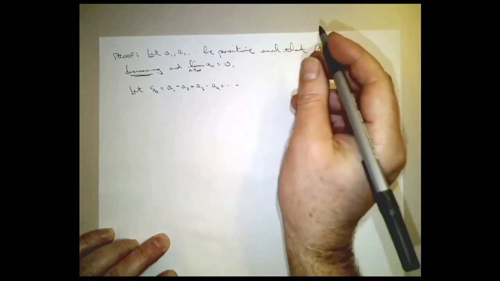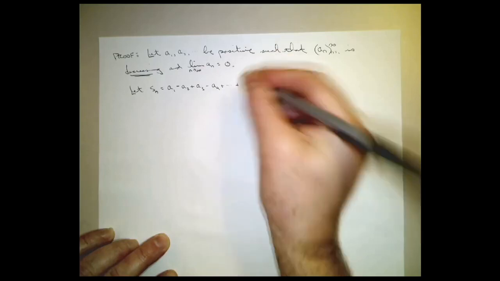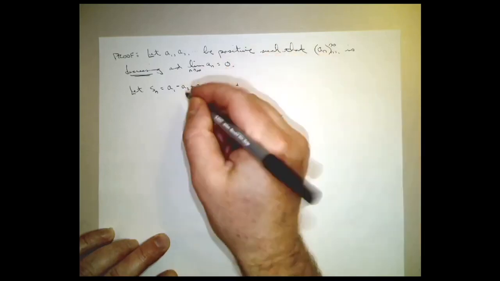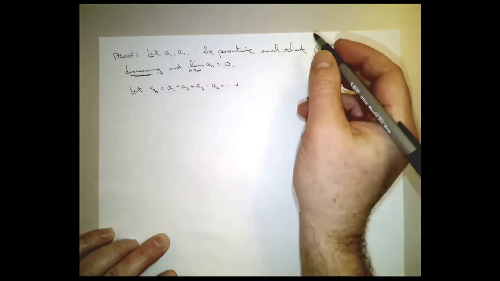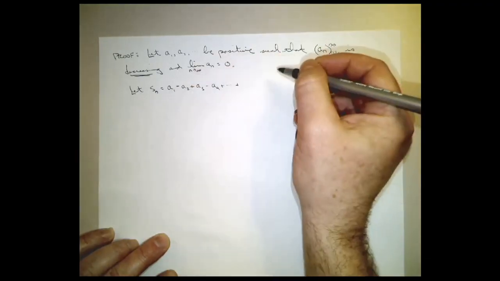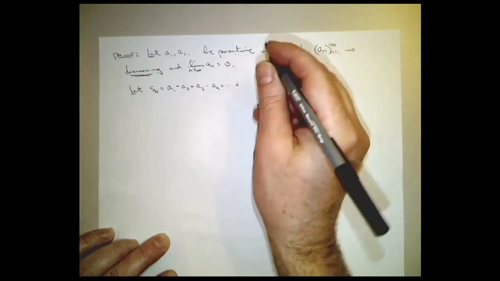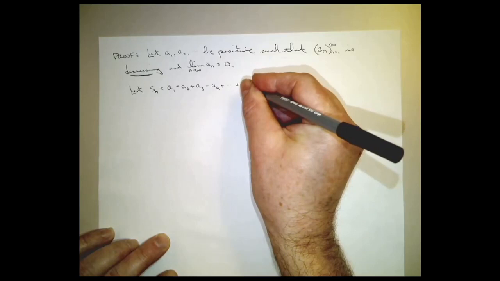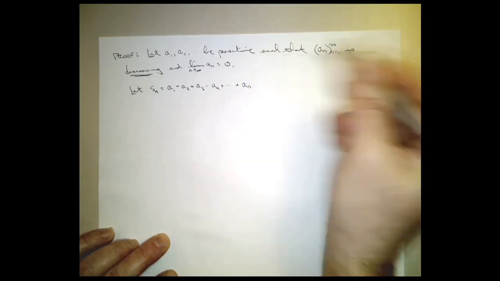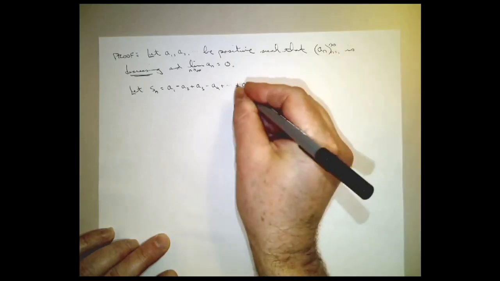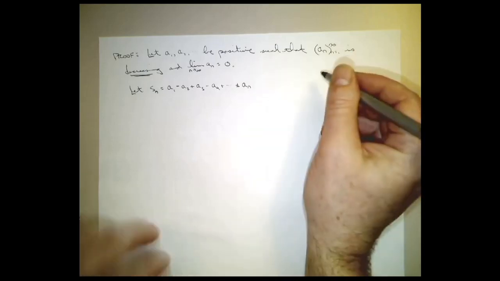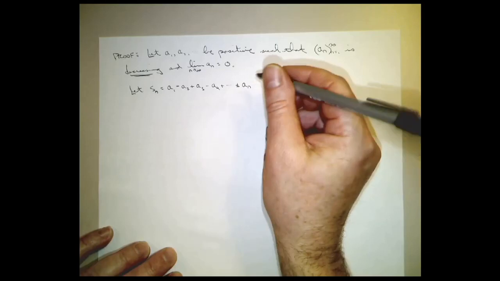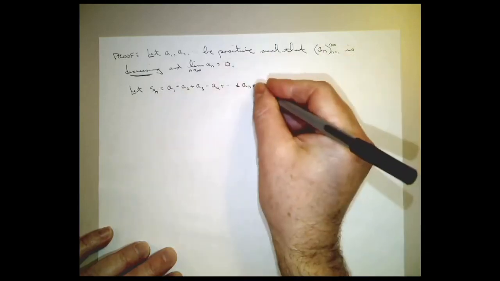Right, and let's see, so we're adding on the odd terms, subtracting off the even terms. So out here I have some an. I don't know if this is going to be positive or negative because I don't know whether n is even or odd. But in any case, we're going to let Sn denote the nth partial sum.